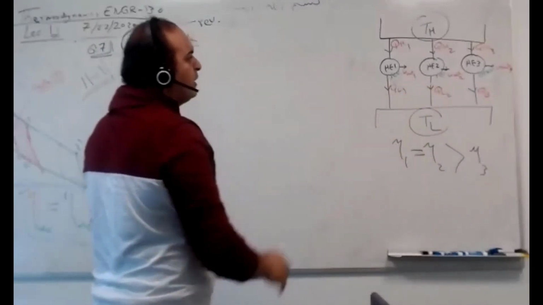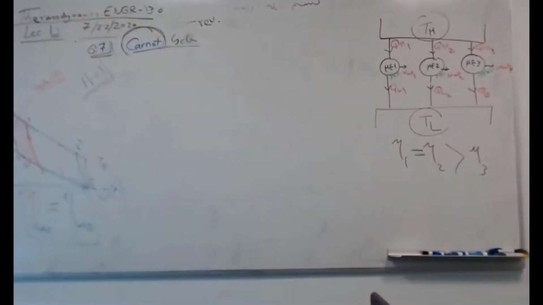I don't care about Q high, Q low for now, but if the T high and T low are the same between 2 cycles, and both are reversible, the efficiencies are the same. If T high and T low are the same for 2 cycles, and one is reversible, one is irreversible, it means the irreversible has lower efficiency. That's the conclusion here.